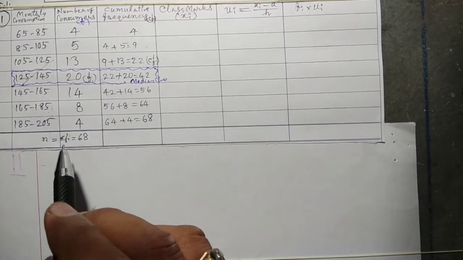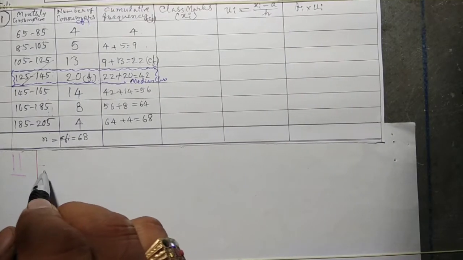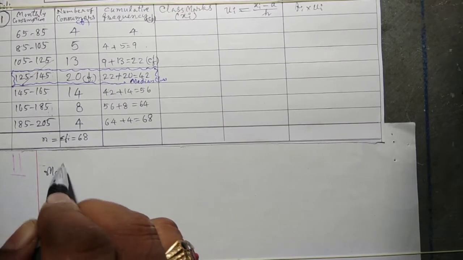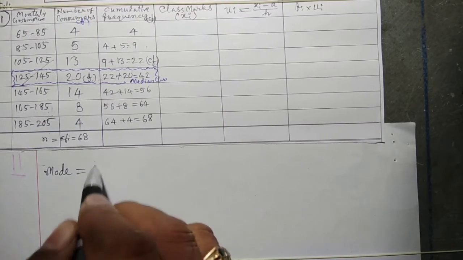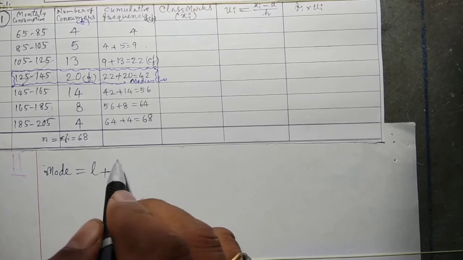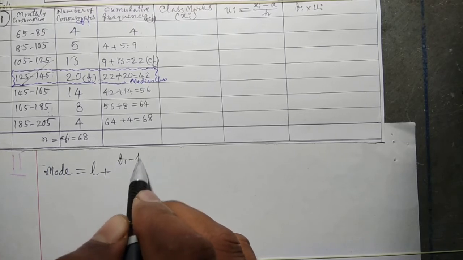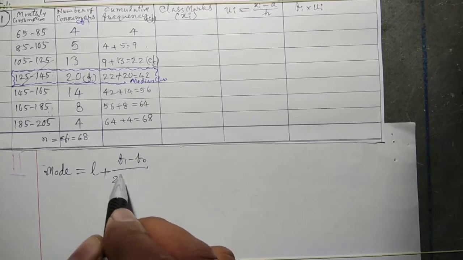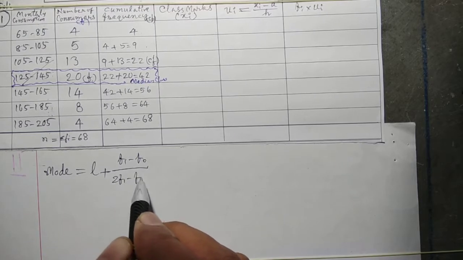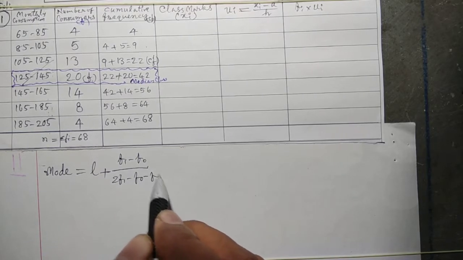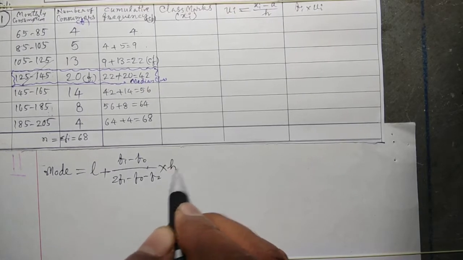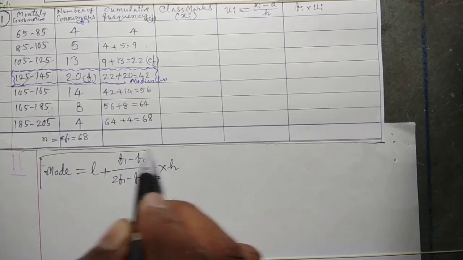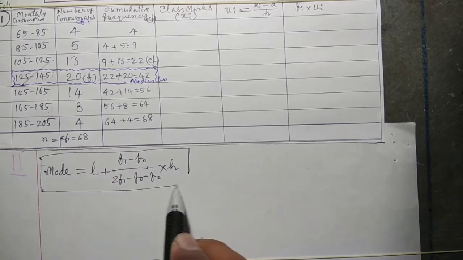Now we have to find the mode. Mode is equal to L plus (F1 minus F0) by (2F1 minus F0 minus F2) into h. This is the formula for finding the mode.